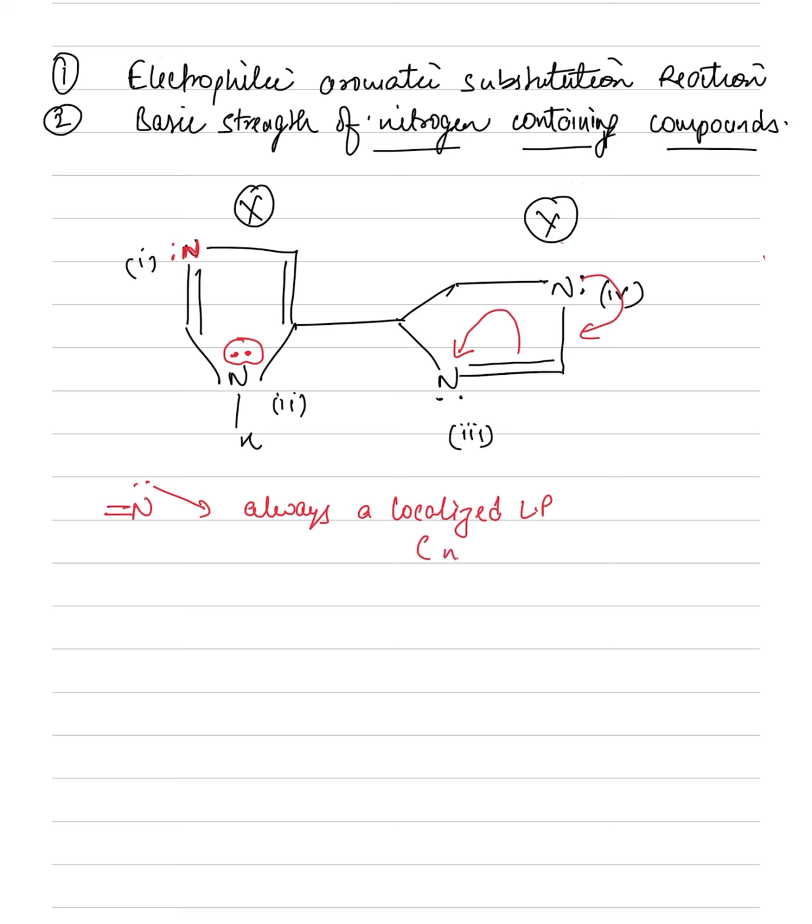That means it never shows conjugation, or we can say it is never involved in resonance. So if it is never involved in resonance, that means it's a free lone pair. In short, it's not a bonded lone pair. So any lone pair which is free or not bonded is always available for the base, right? That means it is more basic in nature.